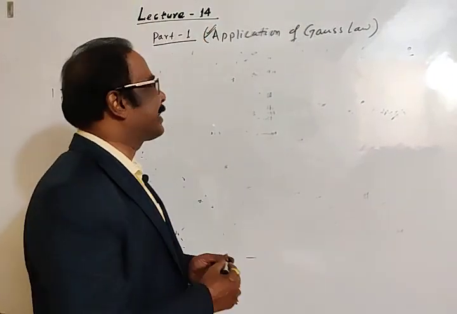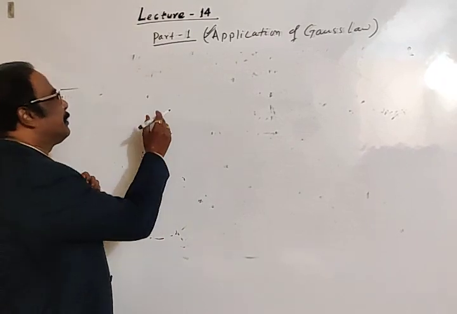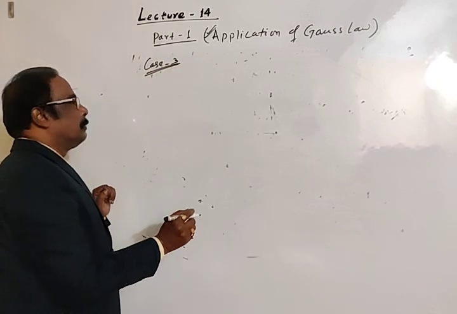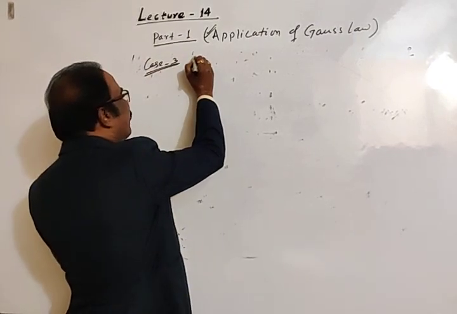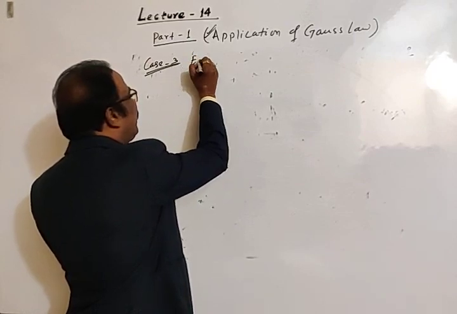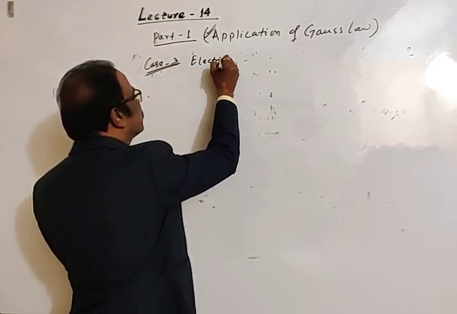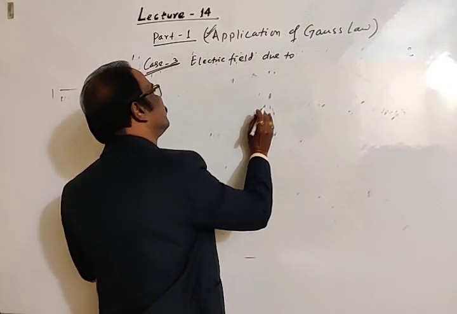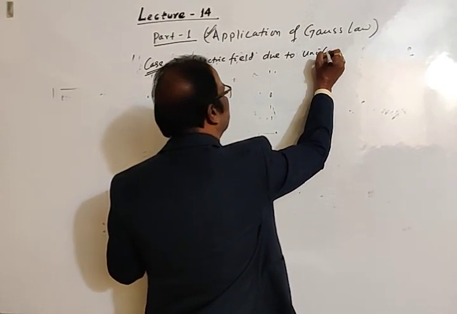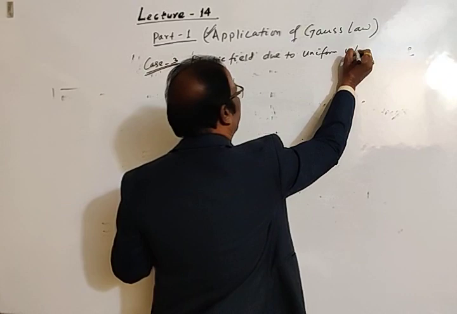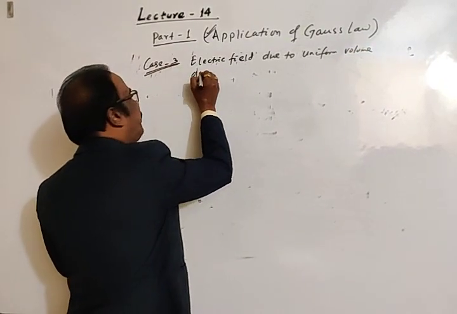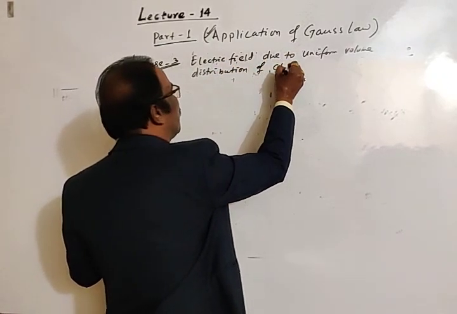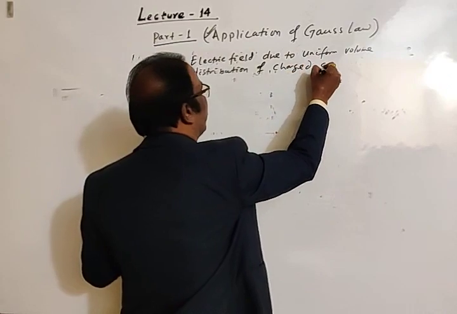Okay. Next case, third case in today's class, case 3. In this case, we are going to find the electric field due to uniform volume distribution of charge in a sphere.